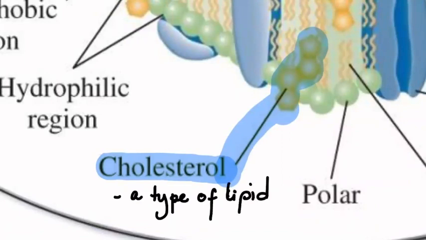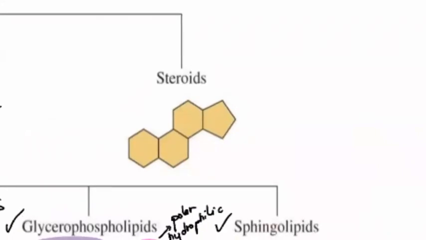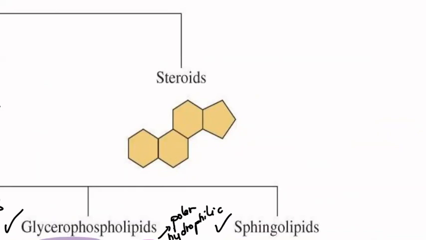And when it comes to the types of lipid, and again, going back to this structure, cholesterol is actually considered a steroid because it has this motif of 6-member ring, 6-member ring, 6-member ring, 5-member ring.